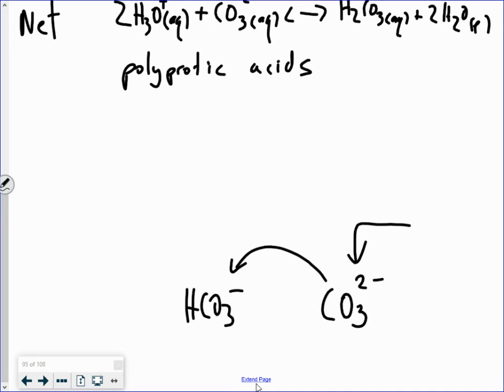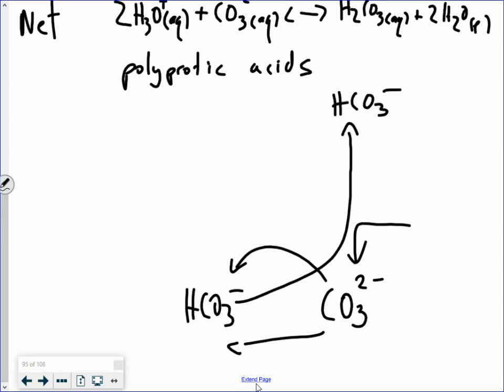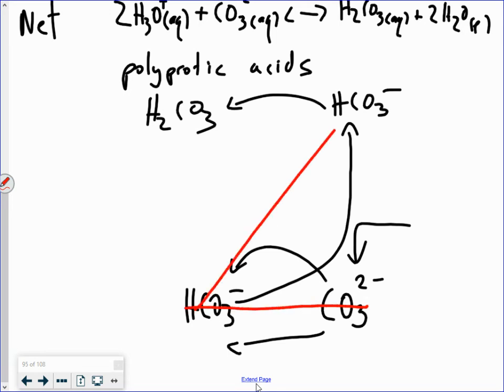The answer is yes, it can. So that's called slidey finger. Then you move your finger up until you find it again on the table, gaining another hydrogen. So there's evidence that it can give away or take more than 1 hydrogen. And the cool thing is that you make this Z pattern to figure it out.